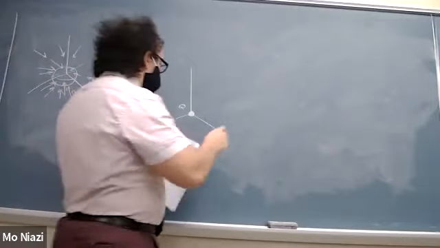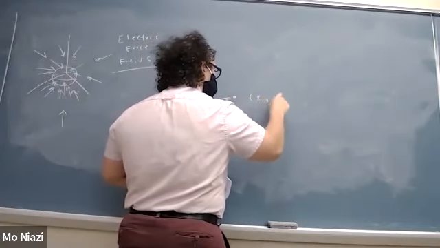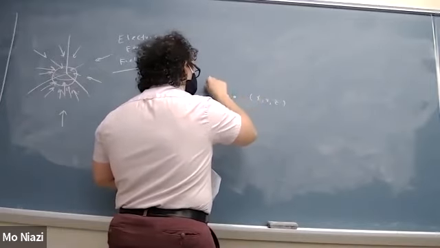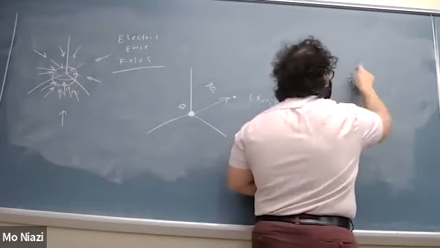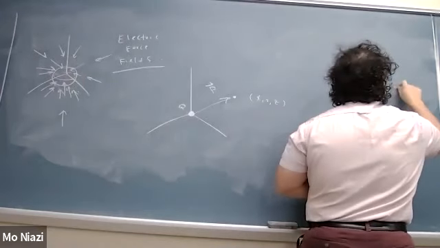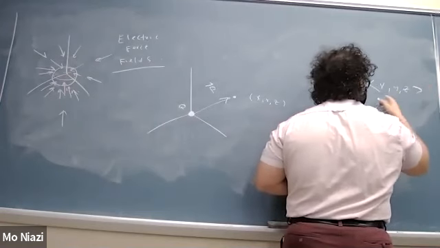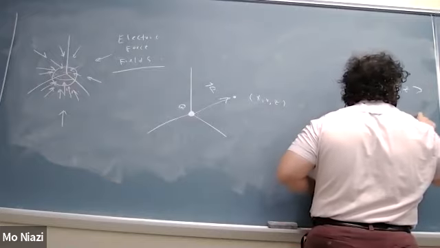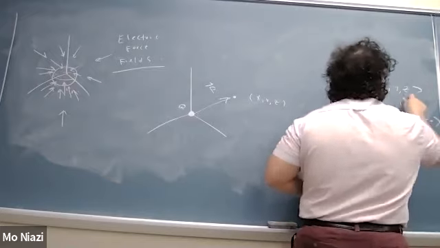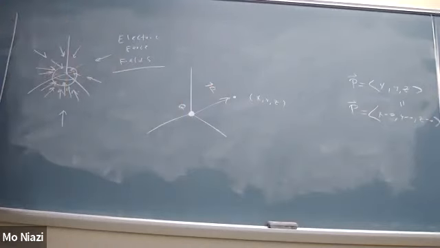At some point, here's the point x, y, z, and here's the vector p. Because p is a displacement vector with regards to the origin, p is really a displacement vector, but it's really a position vector.